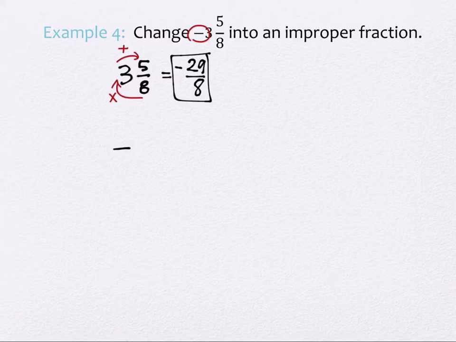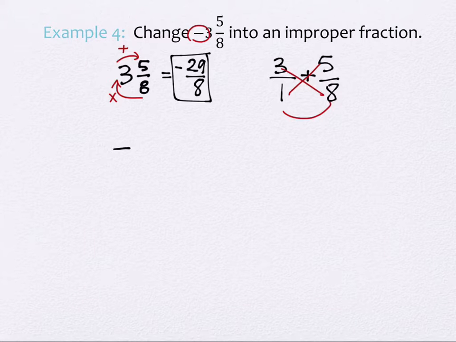So let me actually talk about where that came from because it's pretty simple. 3 5/8 is 3, as in 3 out of 1, and 5 out of 8. That's what it is. So I can actually use that same algorithm I showed you before, where I multiply across and multiply the bottom.